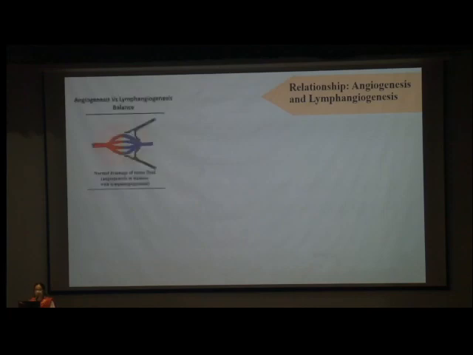Now, if we look closely at the relationship between angiogenesis and lymphangiogenesis, in homeostasis, there is a balance. We have a normal drainage of tissue fluid because angiogenesis is very intricately balanced with the lymphatic vessel growth. Then, in a wound healing response, there's an increase in angiogenesis, also accompanied by an increase in lymphangiogenesis. Again, this is a balanced situation.